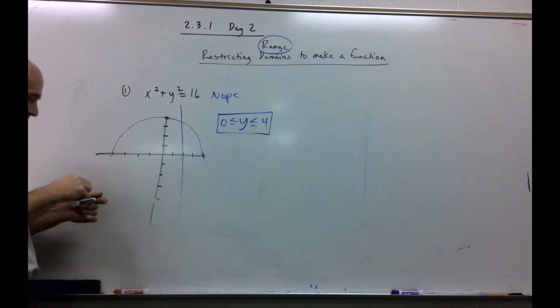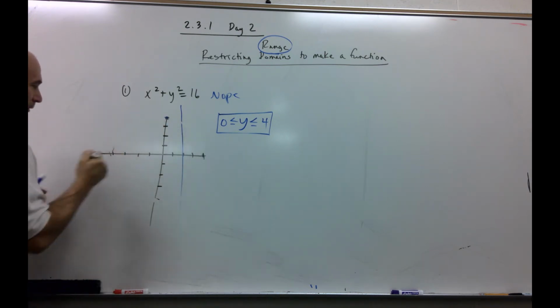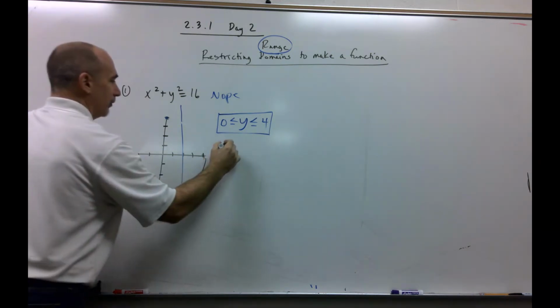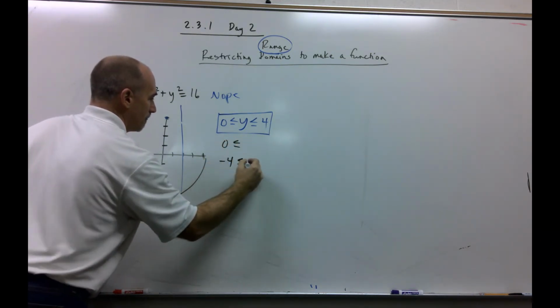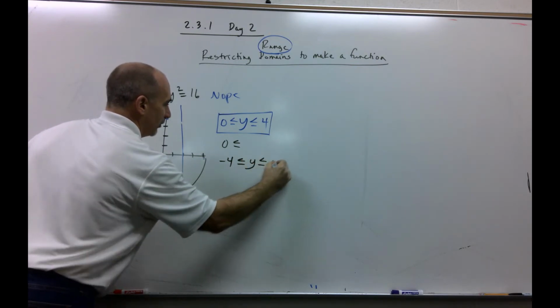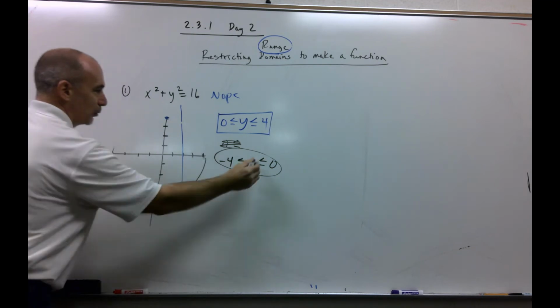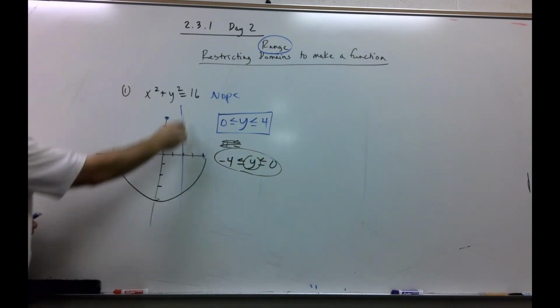Now what if we restricted the range differently, and instead of doing that, we restrict the range from -4 all the way up to 0. So forget I said that. This is restricting the range from 0 to -4, and it still passes.